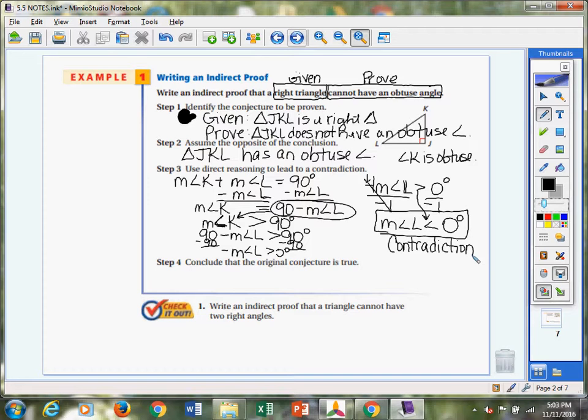So now step 4 says to conclude that the original conjecture is true. The assumption that triangle JKL has an obtuse angle is false. Therefore, because you were able to find a contradiction, triangle JKL does not have an obtuse angle.